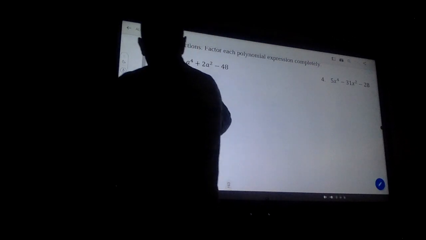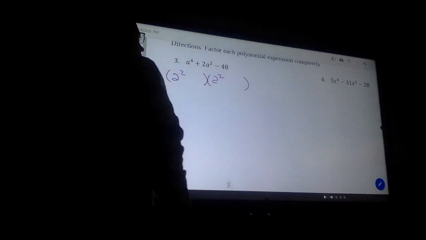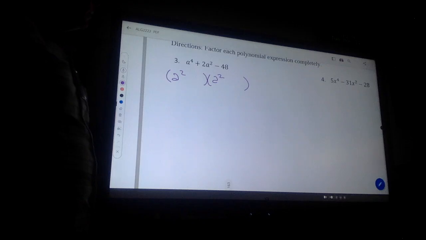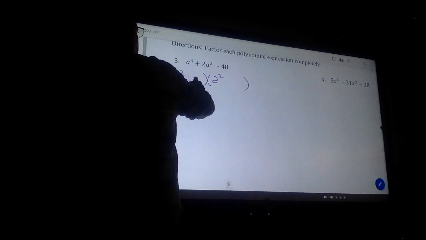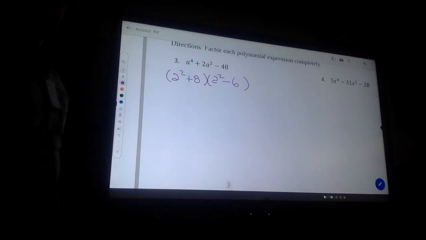Alright, this one we're going to go with a squared and a squared. What two numbers multiply to give you negative 48 and add to give you positive 2, and that's going to be a positive 8 and a negative 6. Neither of those are difference of two squares, so we can't factor, that's just done.